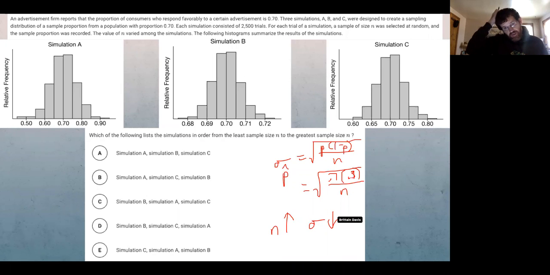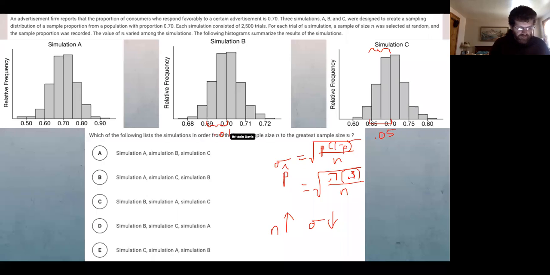Okay, so I will just figure out where the standard deviation is for each one of these. So here's my standard deviation right here. Okay, that didn't work out very well. It's about like that. So maybe this is about, I'll just say 0.05 for right now. If I need to be more specific later, we can do that. This is going to be about 0.01.